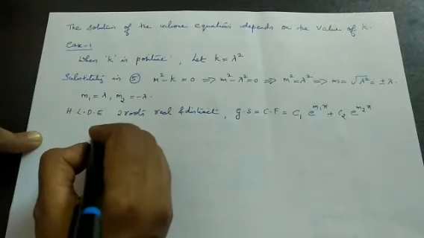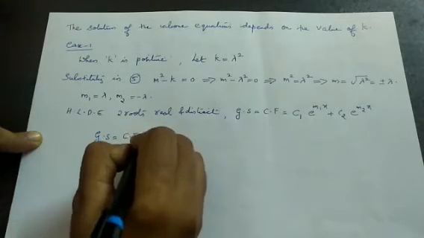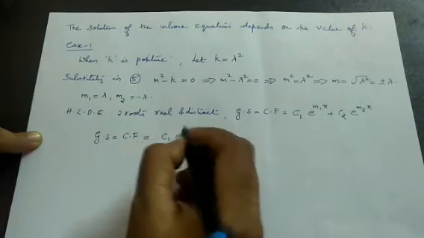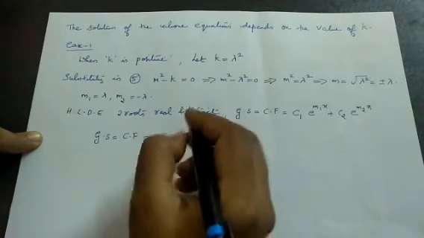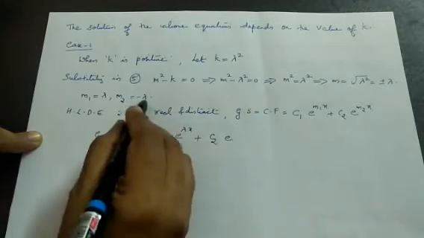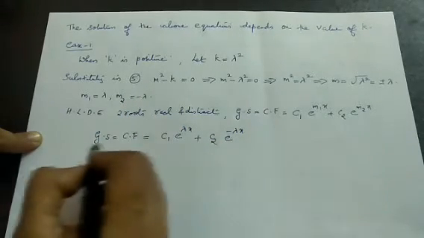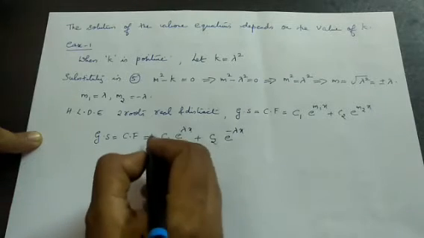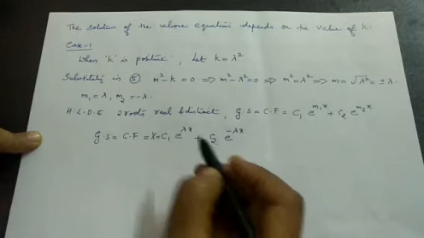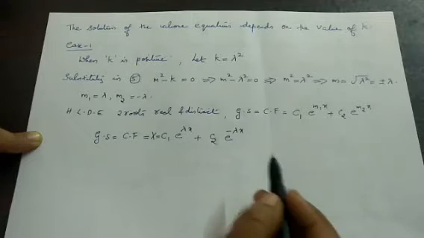Using that, we can write here the general solution or the complementary function as c1 e raised to m1, that is lambda x, plus c2 e raised to m2, that is minus lambda x. The general solution, x is equal to c1 e raised to lambda x plus c2 e raised to minus lambda x.